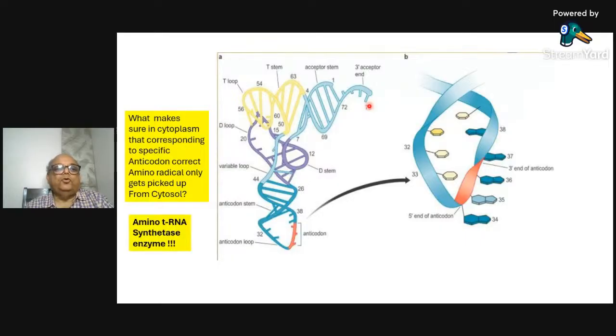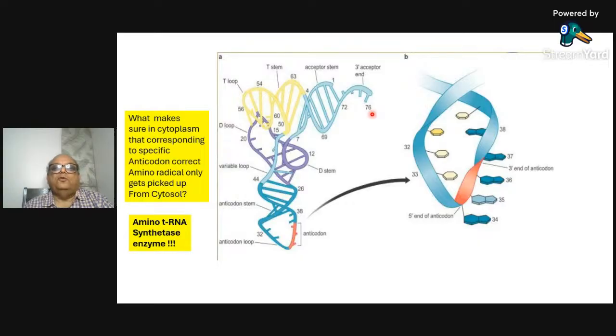Okay, so suppose this tRNA loses its amino radical. The next job for the cytoplasm is to populate this again with the same another amino radical, the same one, the same bead should come here.